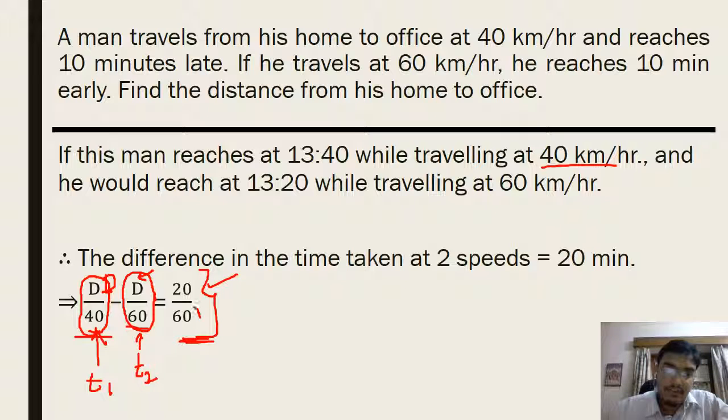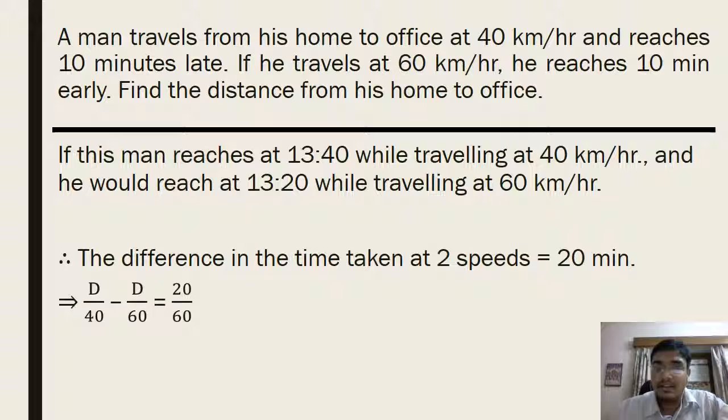Now why have we divided it by 60? Because these times are in hours. We are given our speeds in kilometers per hour, so the RHS quantity should be written in hours. Because this should be in hours, we have converted our minutes to hours. If we solve this, we'll take our LCM to be 120.